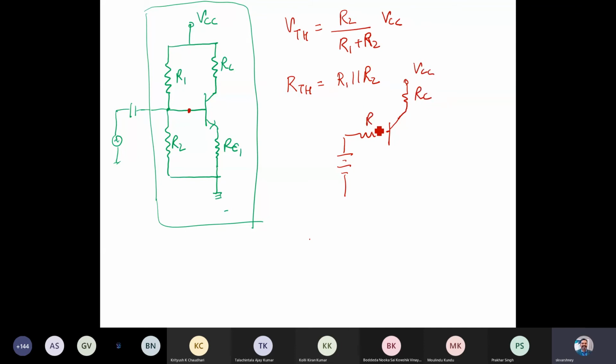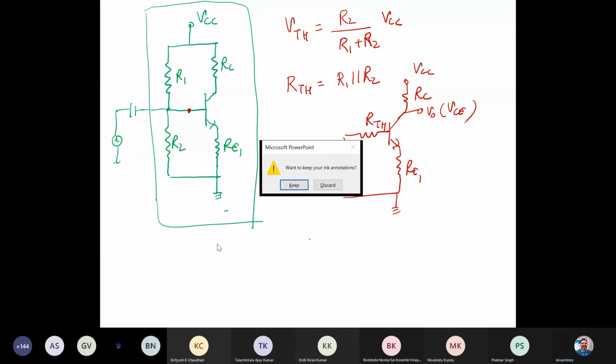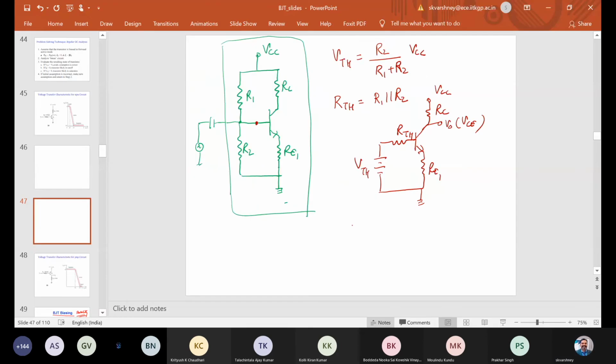So it means I have the circuit something like this: VCC, RC, RTH, VTH, RE1, and then you are obtaining V0, that's your VCE, right? So can you write down the equations? Can you write down the loop equations, input loop and output loop, for this circuit? Yeah, please do it.